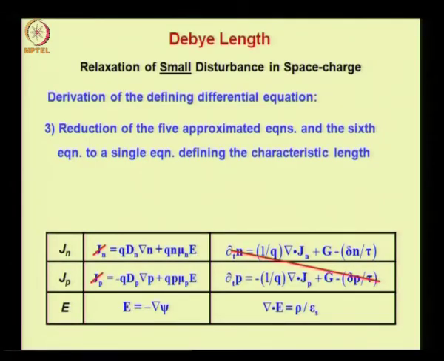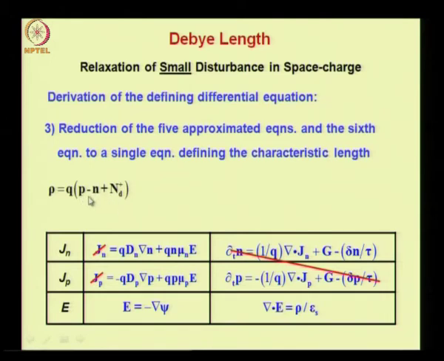The next step is reduction of the 5 approximated equations and the 6th equation to a single equation defining the characteristic length. Now it is a space charge that we are concentrating on, therefore let us begin with the equation for the space charge and look at what are the expressions for p and n.